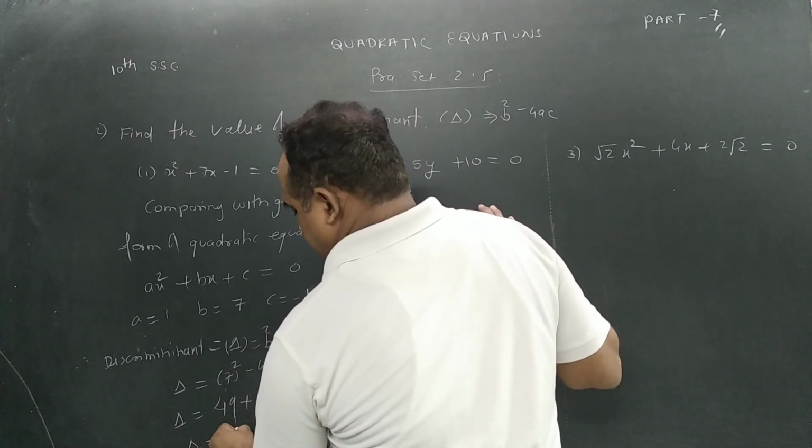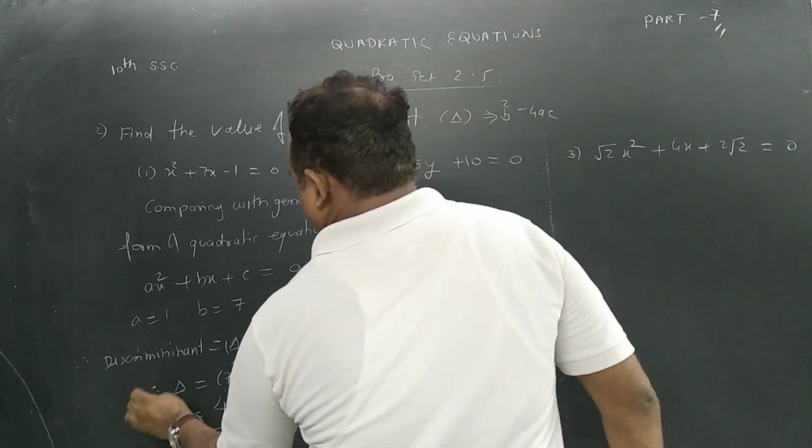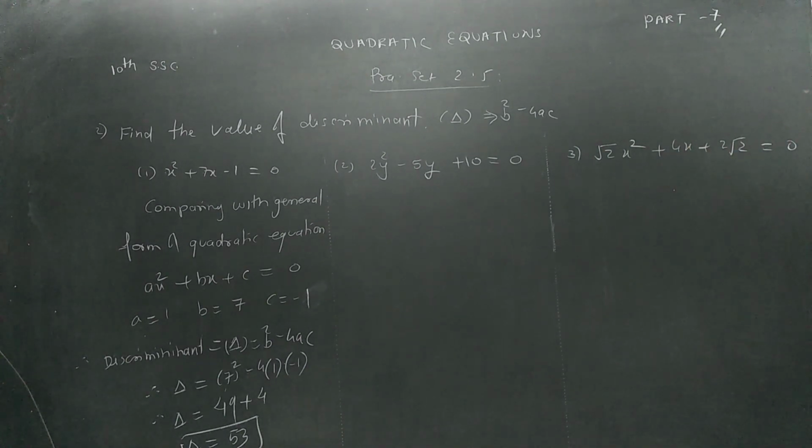The value of delta is 53. I think you can do the remaining equations easily. Try on your own, get the answer, and compare with my answer.